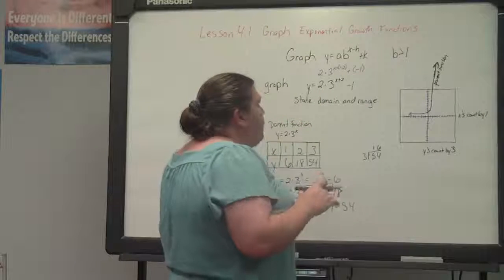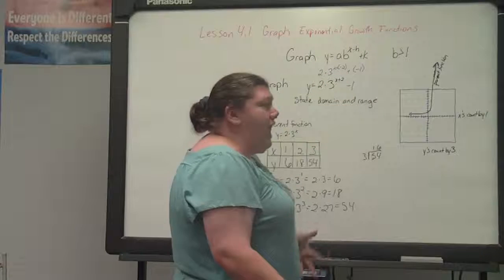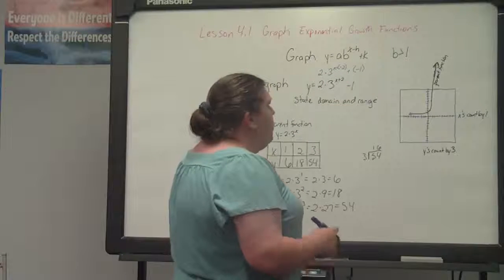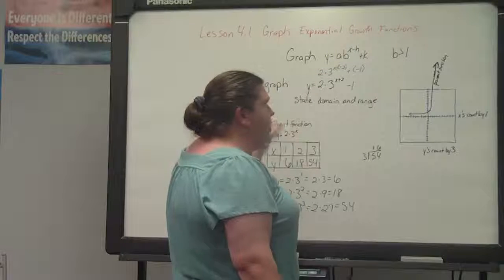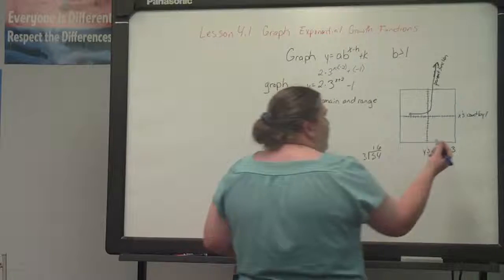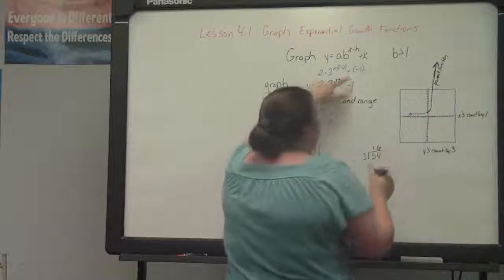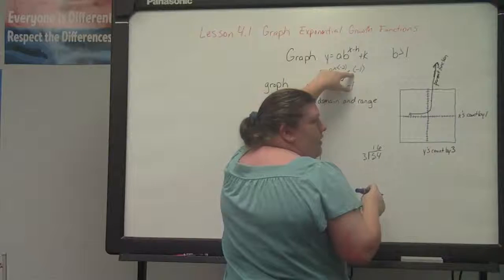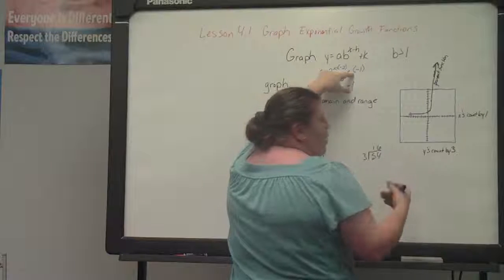Now, what you do at this point is look at what's attached to the x. So your h is how you move left or right. And because I'm doing a negative 2, I have to move my points over 2. And then this one, your k, is your y, and so you move down 1.